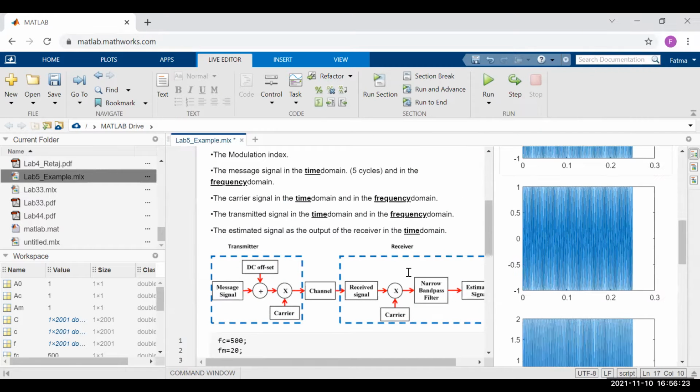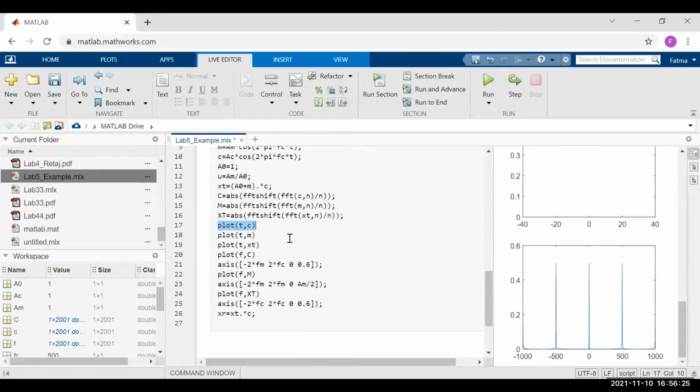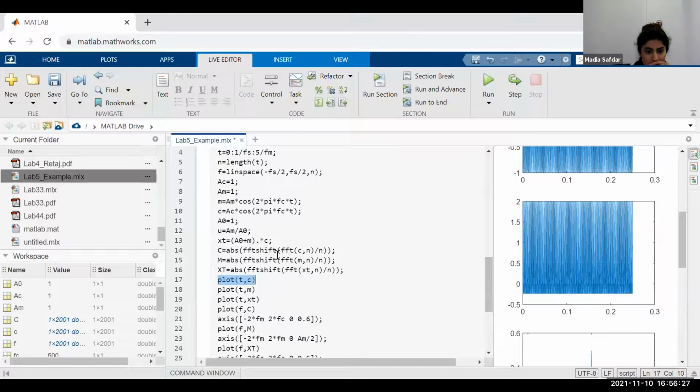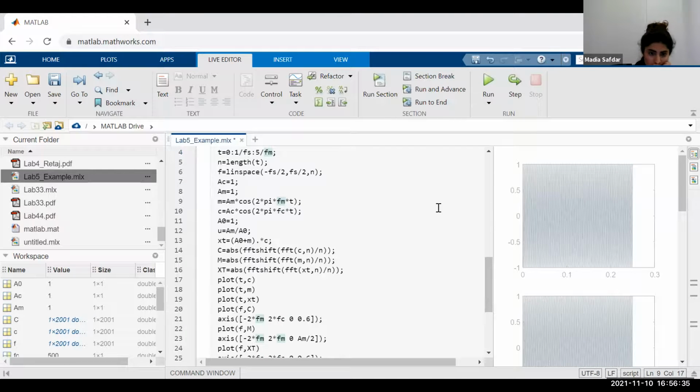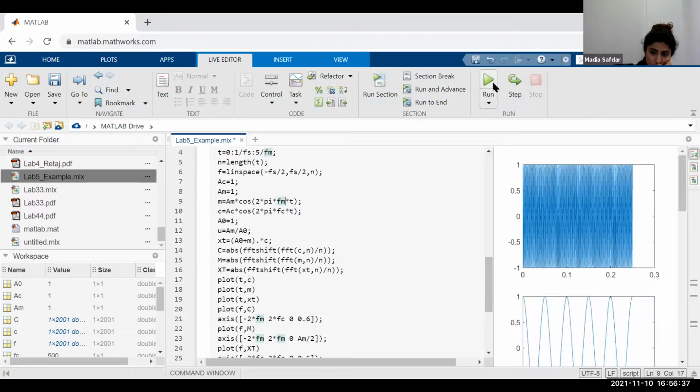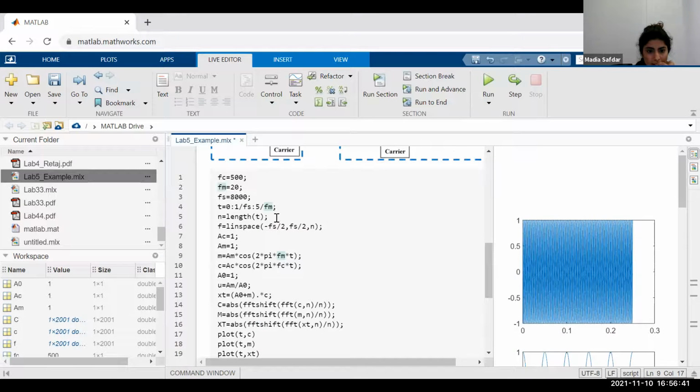But I didn't finish, I think, because of this. No, not because of this. This is M. Yes, this is carrier. So why is this 5 divided by FM, 5 divided by 20 is 0.25.